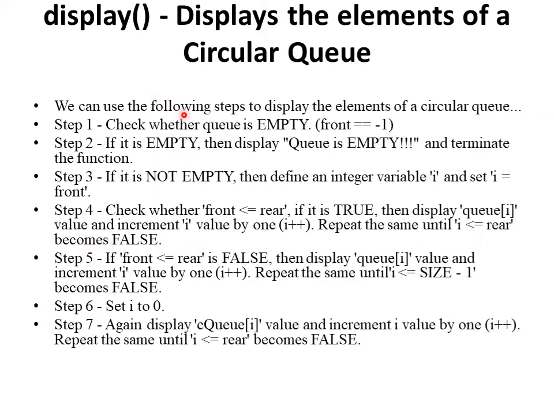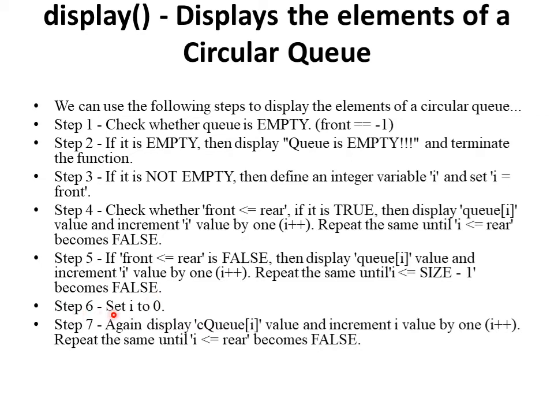Same steps as in the linear queue, what I have explained there, are also followed. If front is less than or equal to rear is false, then display queue of I value and increment I by 1, that is I plus plus. Repeat the same until I is less than or equal to size minus 1 becomes false.